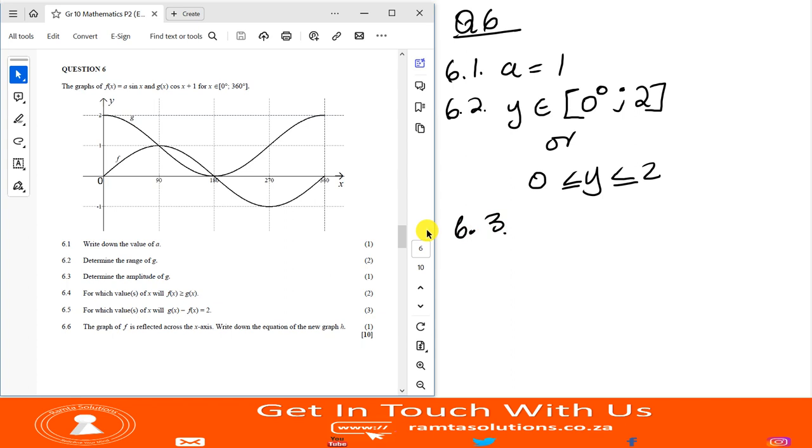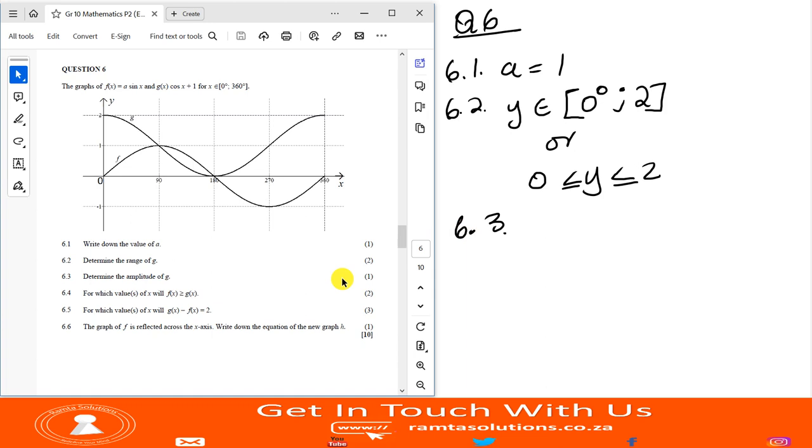6.3, determine the amplitude of g. When we talk amplitude, guys, please, amplitude does not necessarily mean the highest value of your graph. What it means is highest plus lowest divided by 2.